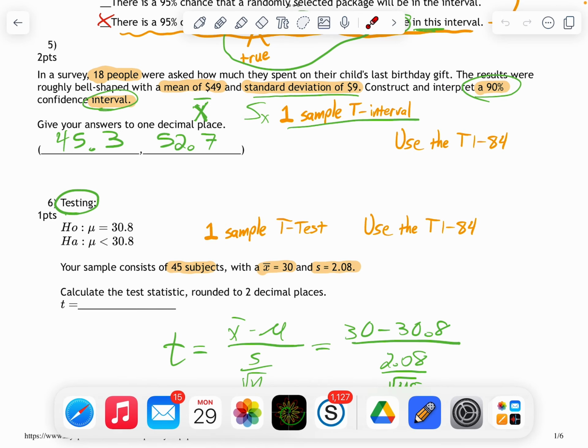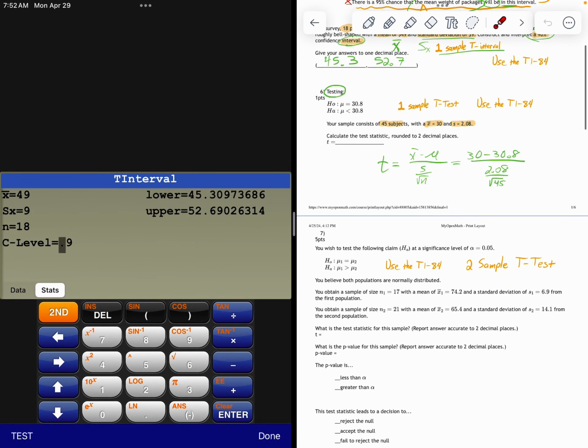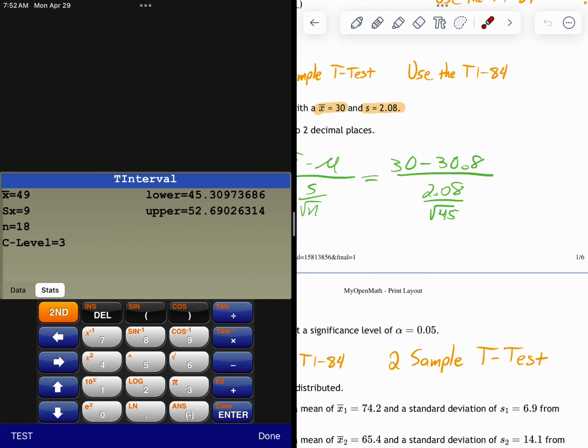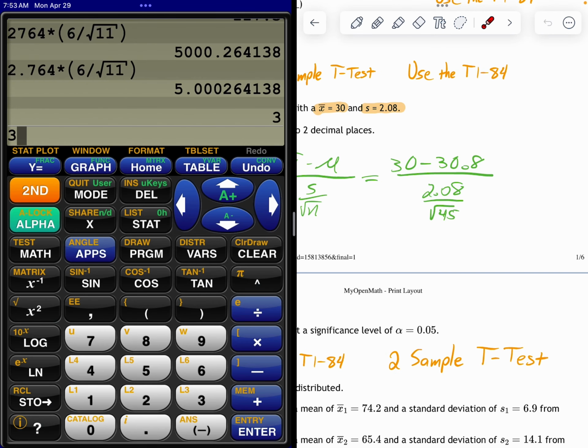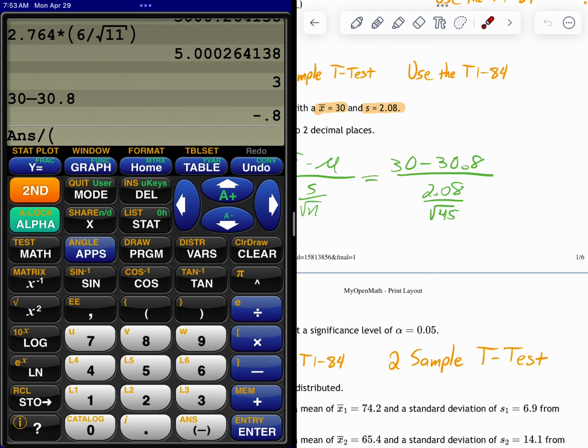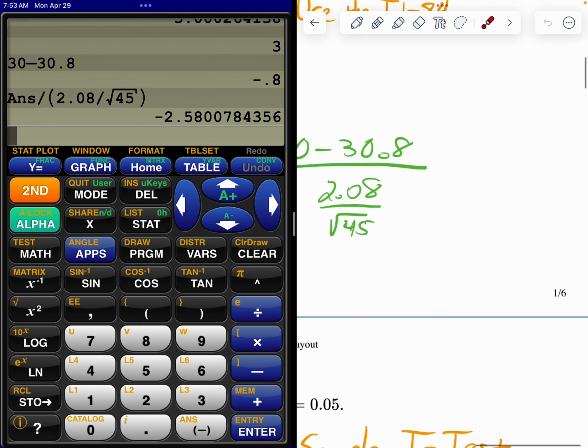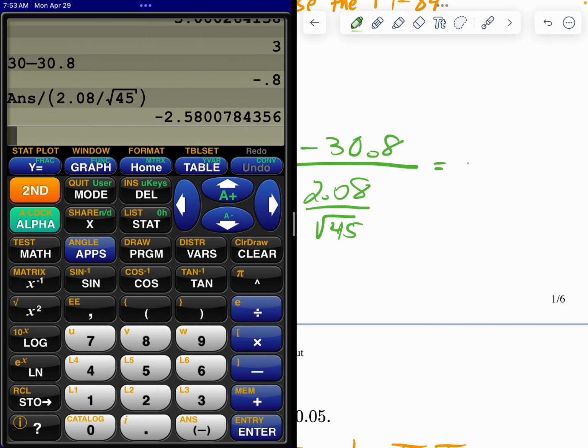So let's see. This is the long way, but let's just try it anyway. So 30 minus 30.8 equals, divided by parenthesis 2.08 divided by root 45. So I'm getting the test statistic of negative 2.58.